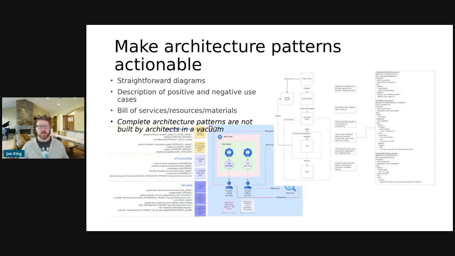So your architecture patterns are your building blocks for your systems, and then you build your total system, your solution architecture, off of those patterns, tuned to the specific use case. But if the patterns aren't actionable, if they're not accessible, then they're not actually going to be used properly.